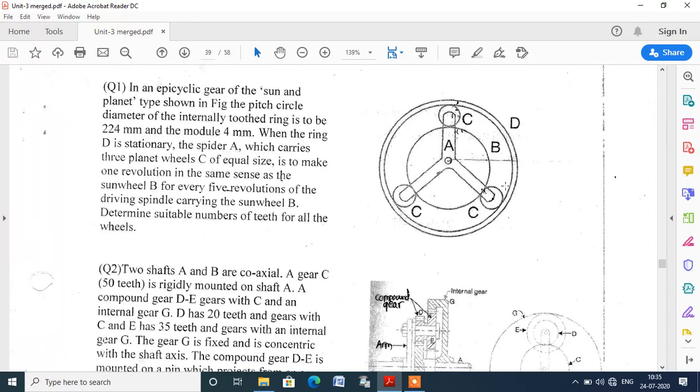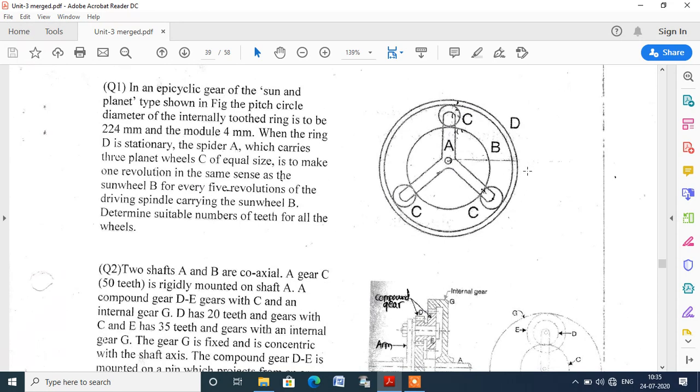Draw this figure. Here gear D is there, the annulus gear D. You can find gear C. In another gear, that is B, and there is a spider A. This one is the spider.